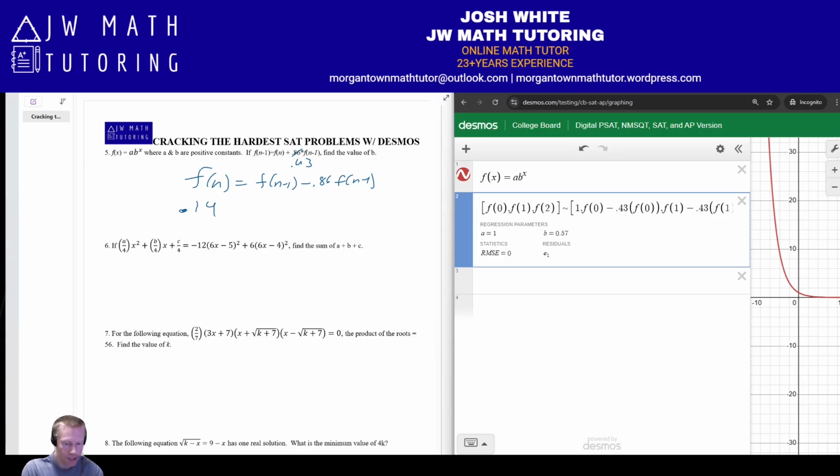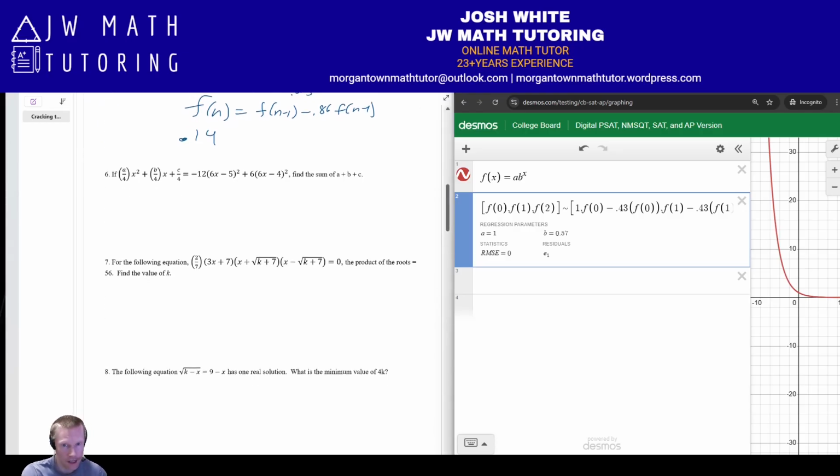But then everything else is built off that. The next point is calculated off f of 0, and then the next point is calculated off f of 1, and so on and so forth. This is a new thing that I just discovered when looking at this problem, and it'd be useful for an exponential function, potentially like this.